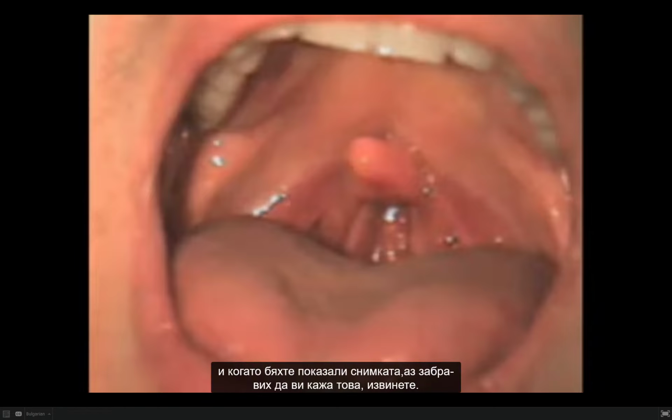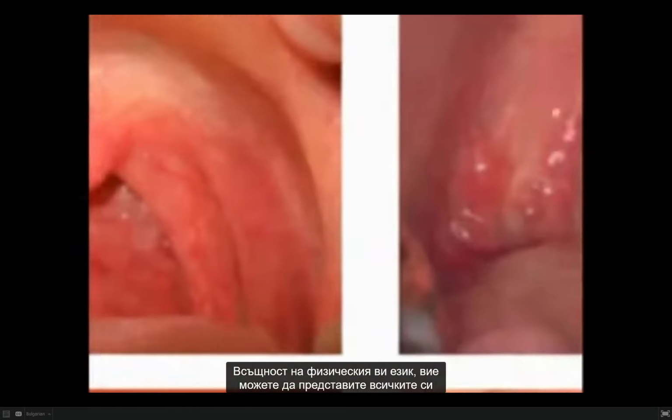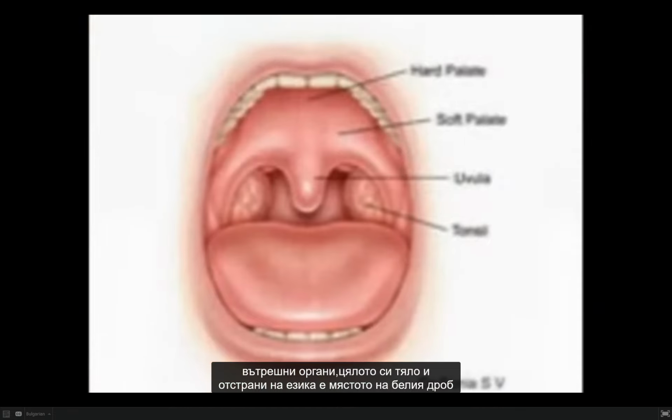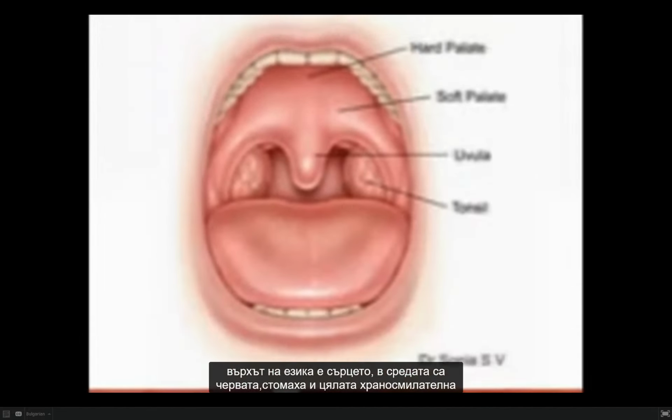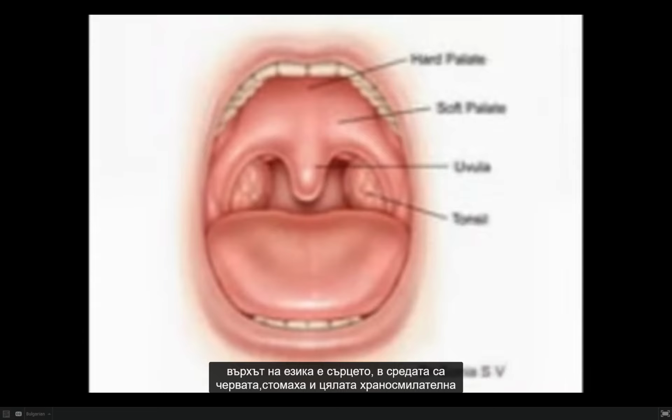I'm sorry I didn't show you a picture, but on your physical tongue you are able to represent all your internal organs, all your body. The side of the tongue is the place of your lungs. The tip of the tongue is the place of your heart. In the middle it's your intestines, stomach, the whole digestive system. And the root of the tongue is part of your pelvic area, the reproductive system.